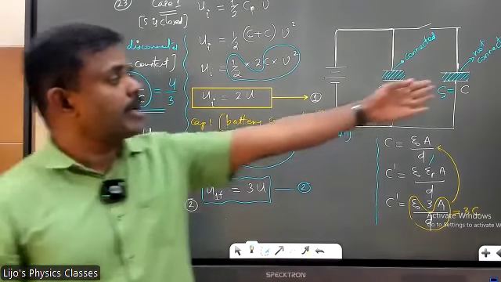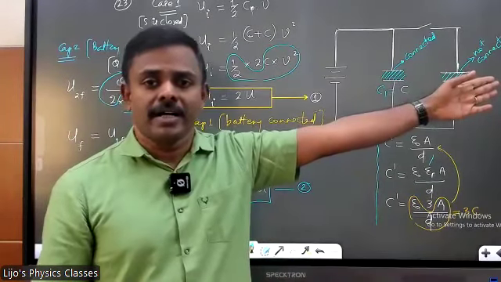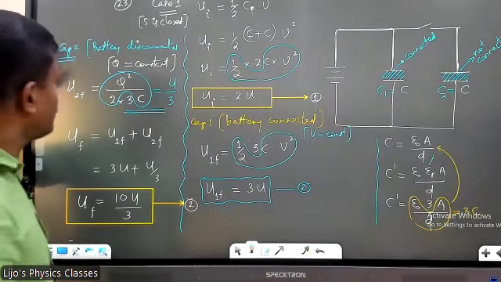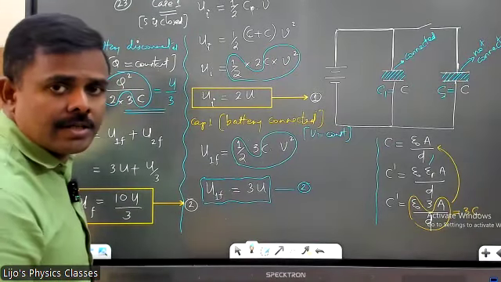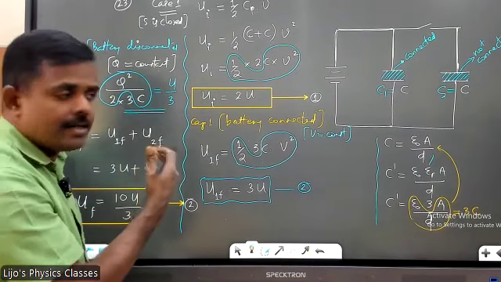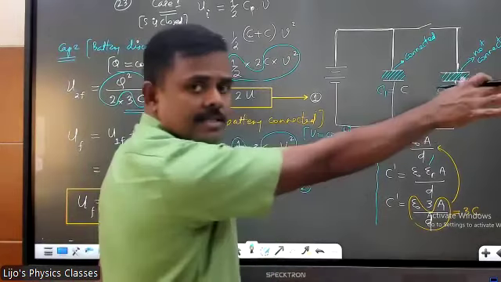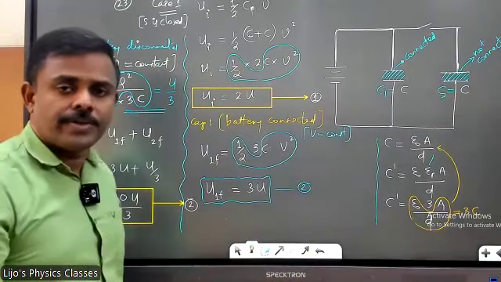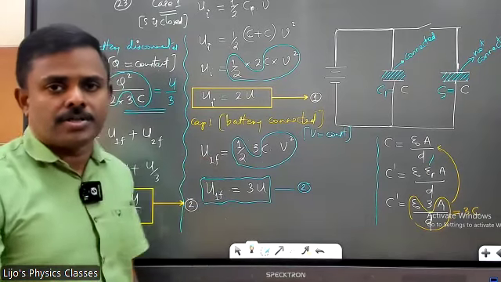Now I still have one more capacitor, which is not connected anymore, for which I can use the energy equation again. This time I'm using a different equation, and I have a reason for it: Q square by 2C. Why? Because it is the battery disconnected case. Battery disconnected means the source has gone, which means charge will be constant.